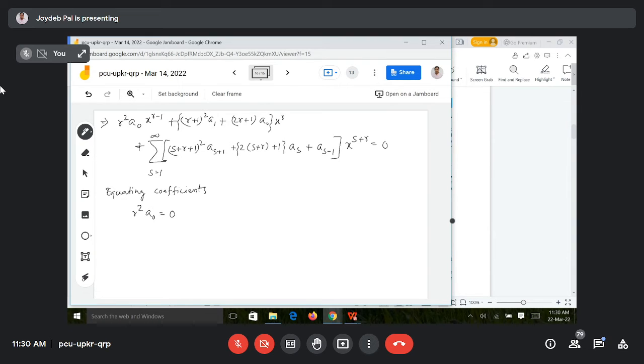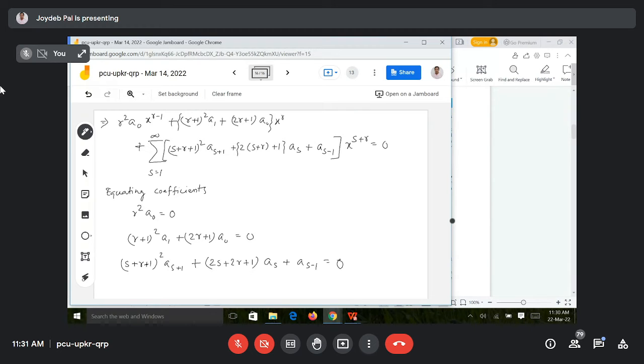We are getting r plus 1 whole square a1 plus 2r plus 1 into a naught is equal to 0, and the general degree term coefficient s plus r plus 1 whole square a s plus 1 plus 2s plus 2r plus 1 into a s plus a s minus 1 is equal to 0.